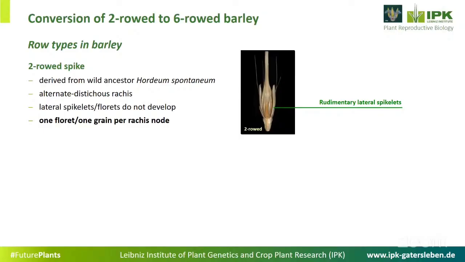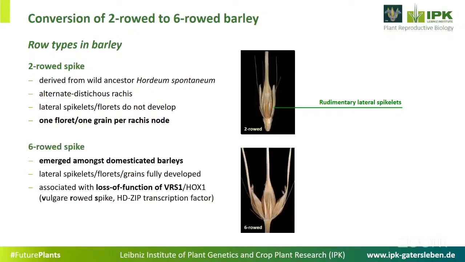And as we knew the gene which is responsible for this difference, which is a homeobox transcription factor, we know what gene we need to knock out so that the lateral spikelets, as seen here at the right-hand side, which are only rudimentary in the 2-rod system, are fully developed in a 6-rod barley. And of course, everyone can conceive the yield potential of the 6-rod barley is much higher than of the 2-rod barley. We just switch by genome editing between these 2 forms.